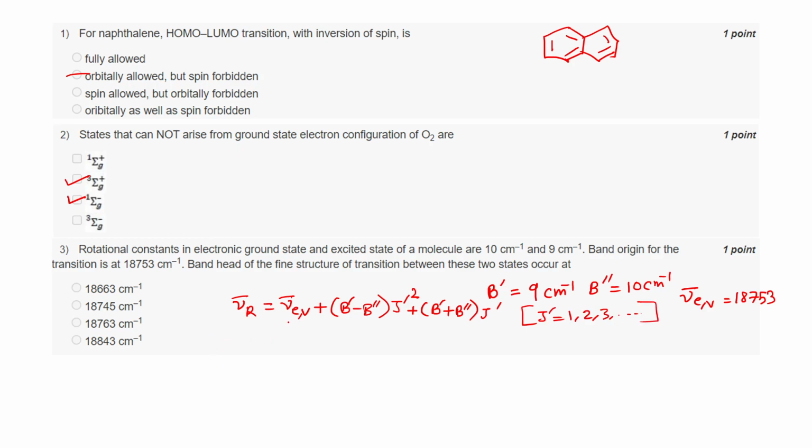Now this is given, 18753 centimeter inverse.